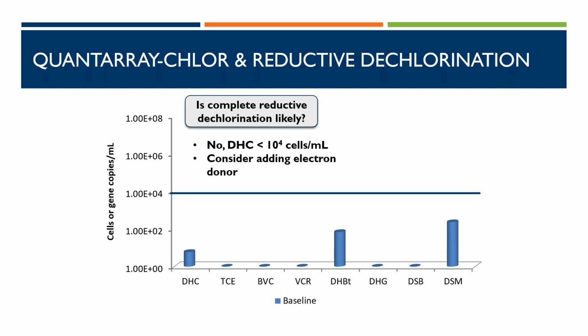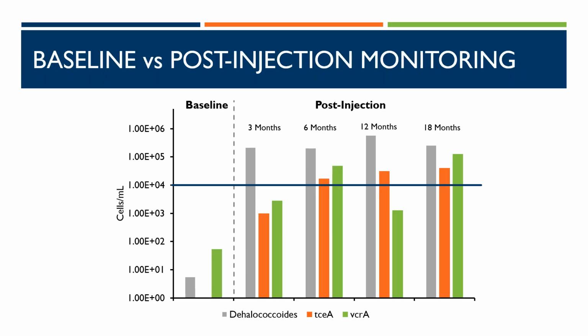And if we do the analysis and get very low concentrations like we see here, then we probably want to take further remedial action to stimulate these microbes. Now going back to the post-injection slide from before, we can see that we can add some type of electron donor to stimulate the Dehalococcoides and achieve those concentrations that are around that 10 to the 4 cells per milliliter mark.